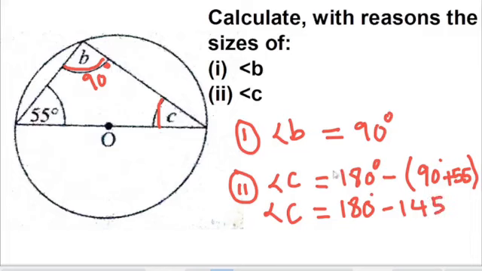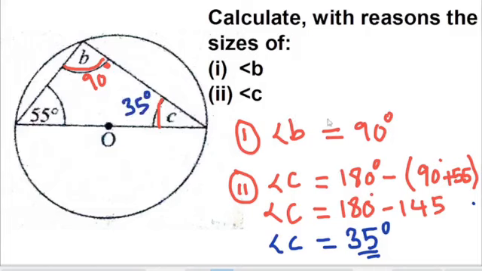Therefore, angle C equals 180 minus 145, and this gives us 35. So the angle at C is 35 degrees. This is how we can find angle B and angle C.